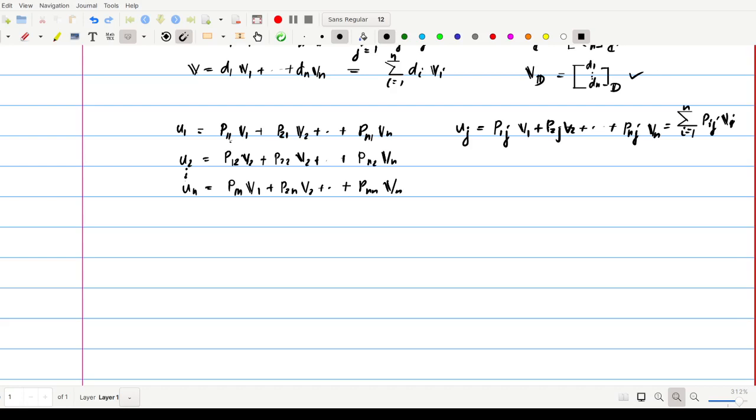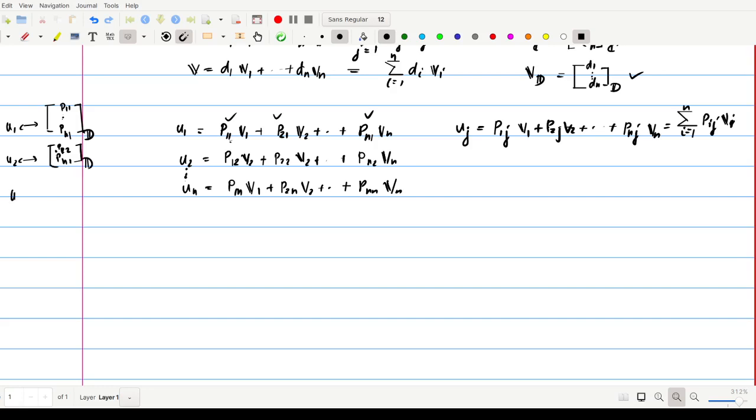The matrix of u1 relative to the basis d is nothing but p11 etc. pn1. These coefficients give the coordinates of u1 relative to the basis d. Similarly, the coordinates of u2 relative to the basis d are p12 etc. pn2.